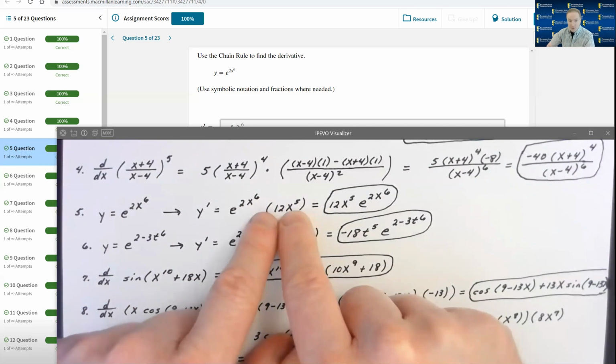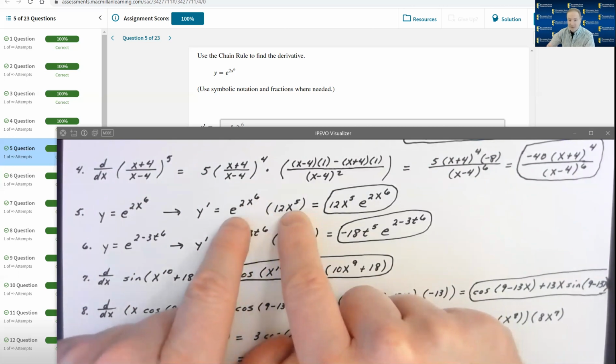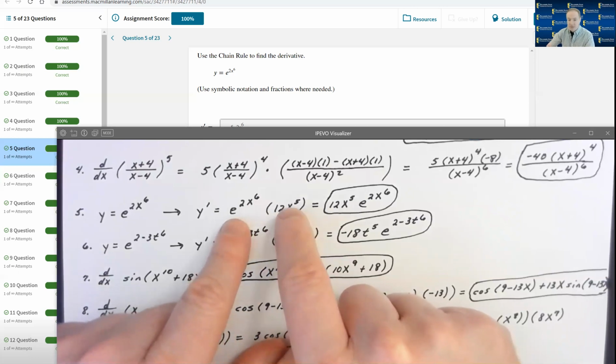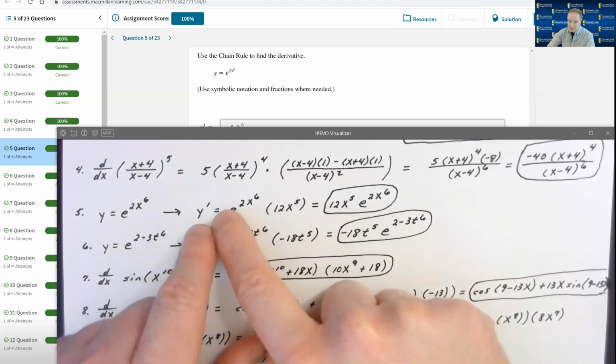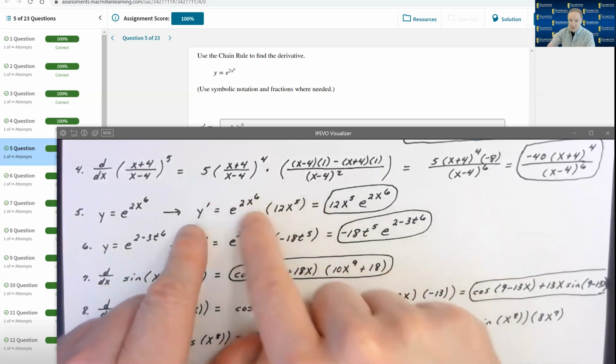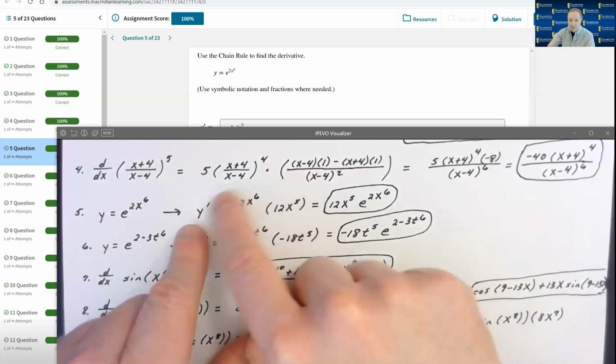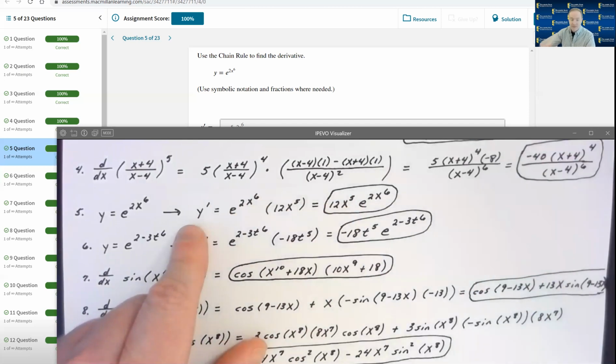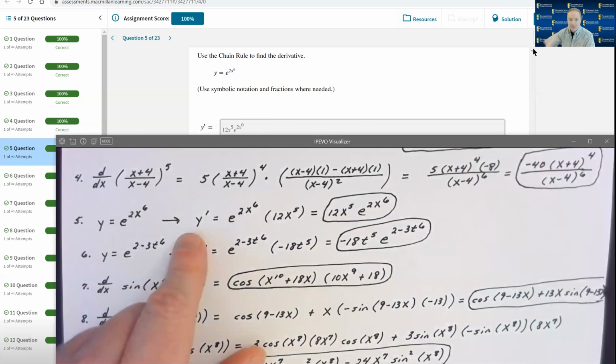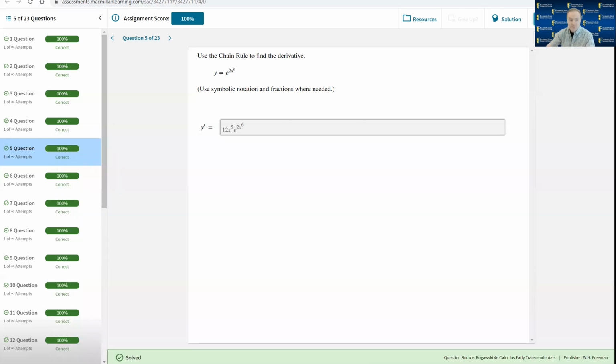And then I can say, okay, now this is my final derivative answer. Just like with trigonometric functions, typically you bring the constant and the algebraic term out in front of the exponential. It would have been okay to write it this way, but it's better to write it as 12x to the 5th e to the 2x to the 6th power. And you can see that that's the way that Achieve wanted it there.